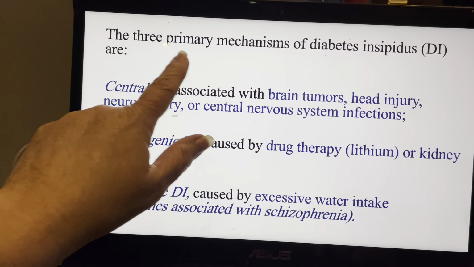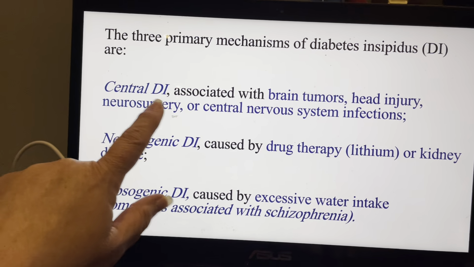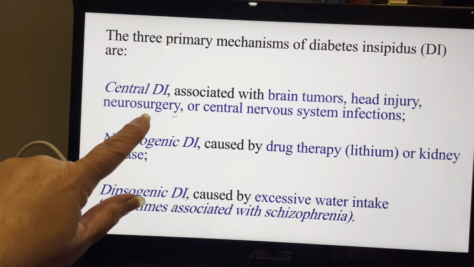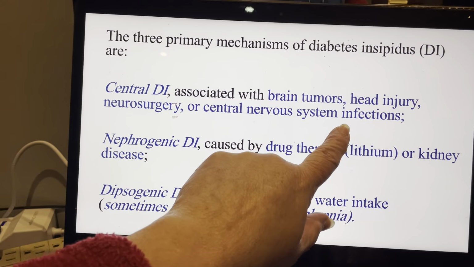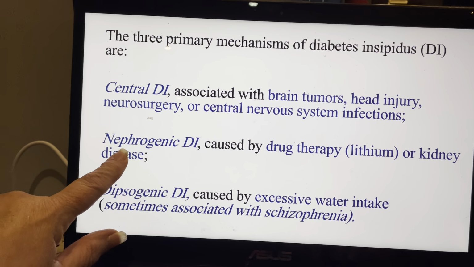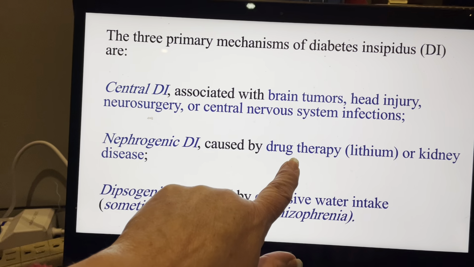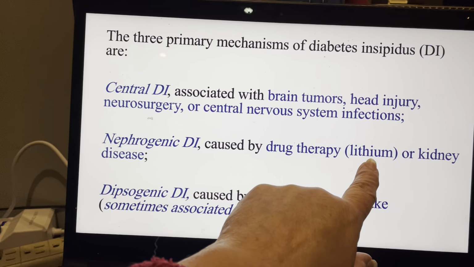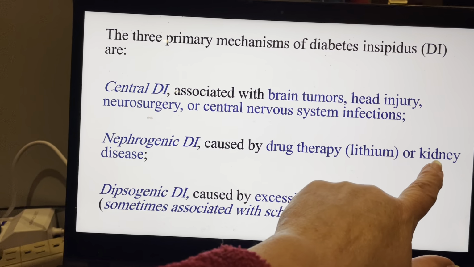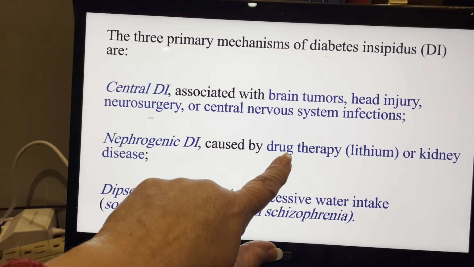Okay. There are 3 primary mechanisms of diabetes insipidus. Central. It's associated with brain tumors and head injuries, neurosurgery, or central nervous system infections. Nephrogenic diabetes insipidus is caused by drug therapy, lithium, it'll just burn your kidneys up, or kidney disease. Help them, God.